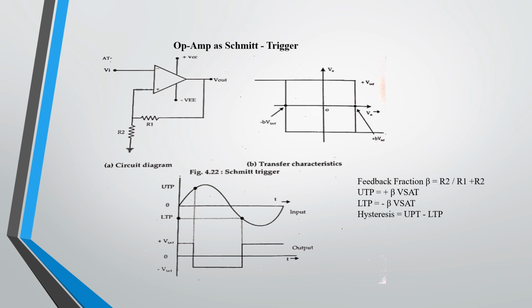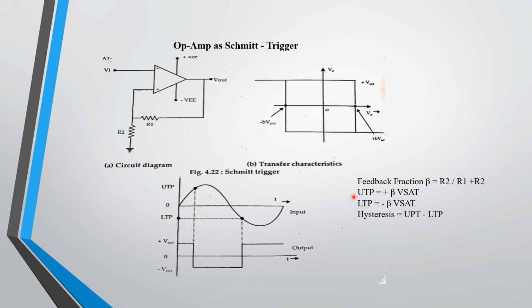Schmitt trigger application: it is again a type of regenerative comparator where the feedback path is closed with the help of resistor R1. Here this one is nothing but the transfer characteristic, also known as a hysteresis curve, where we can observe two different points, known as the upper trip point and the lower trip point.